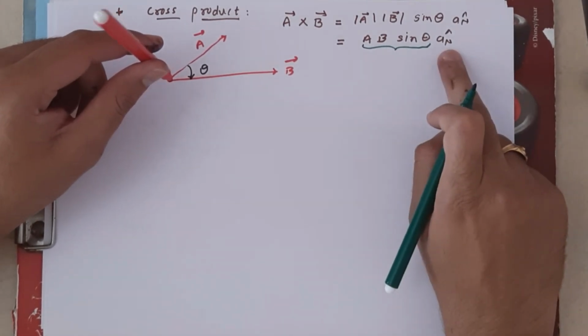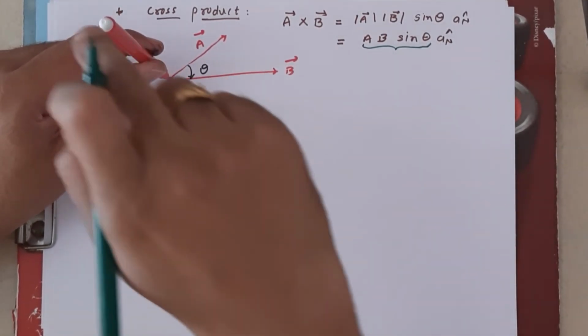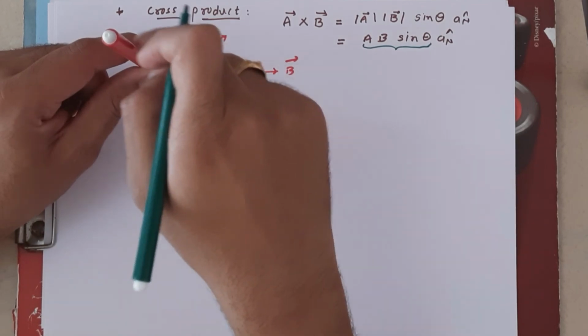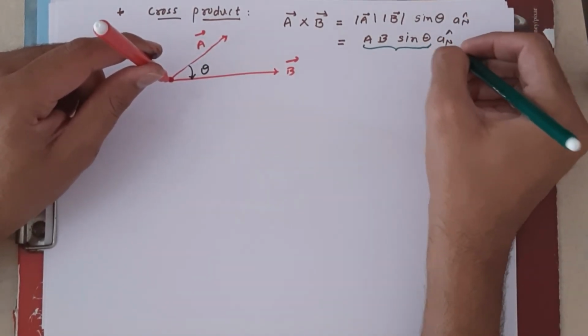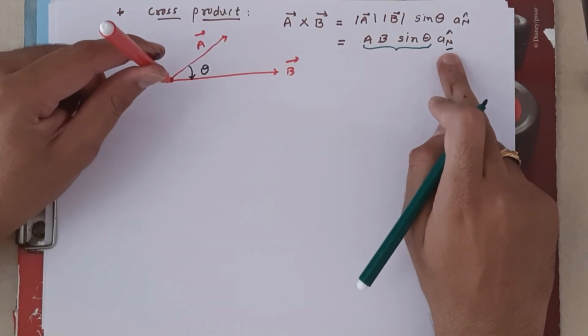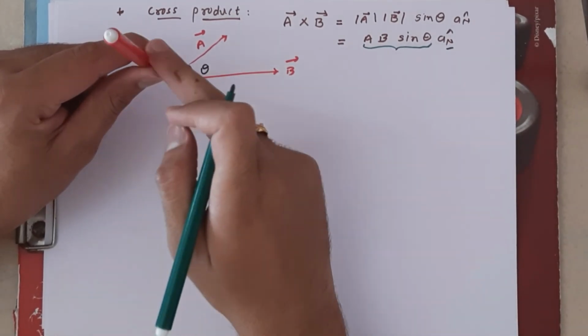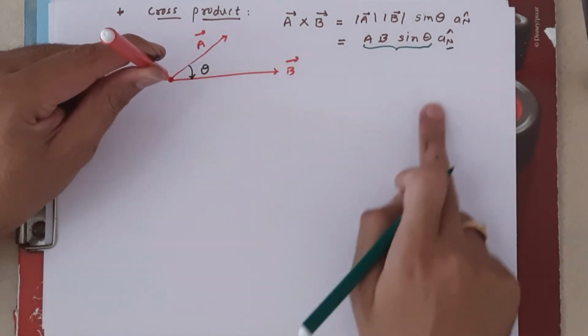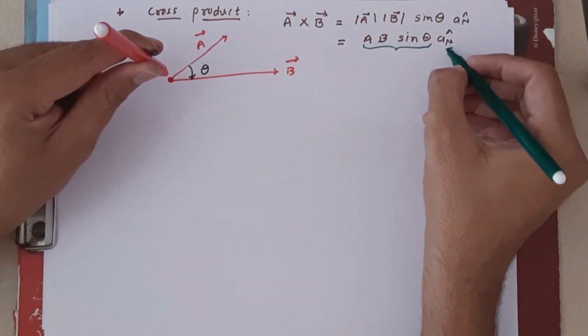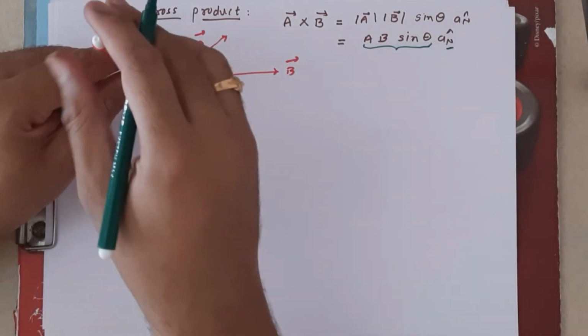And what does n cap indicate? This n cap indicates the direction of this new vector. Why do I have to prefer n? N indicates normal, and normal means perpendicular. So whatever new vector is generated is always perpendicular to this plane, which is why I use n.